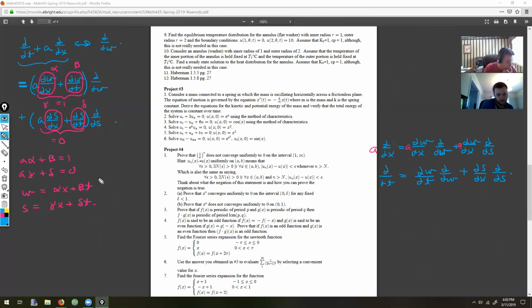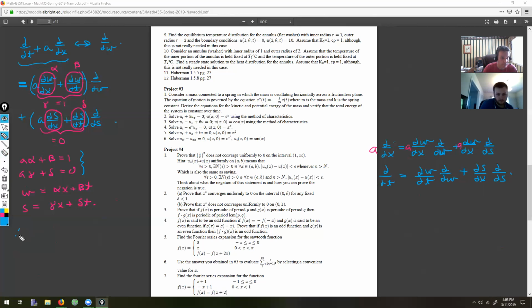Now, we have freedom to choose the alpha, beta, gamma, and delta. If we choose them to satisfy these equations here, then this operator right here will be turned into partial with respect to W. So our differential equation turns into this.